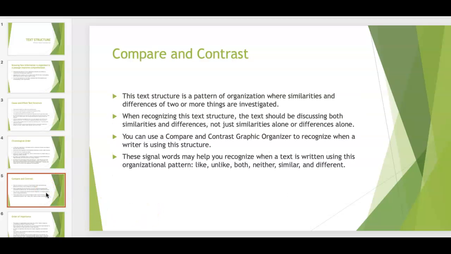The next one is compare and contrast. You can recognize this kind of structure when you're seeing comparisons. You're looking at similarities and differences. For example, if you're talking about the differences between a hurricane and a tornado, they're both disasters.